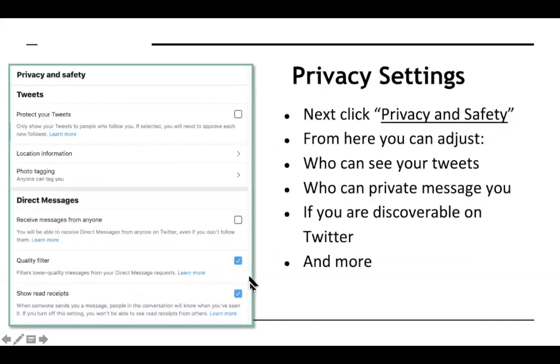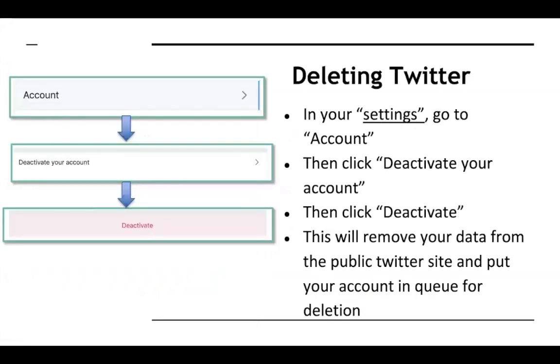Once you do that, it will let you adjust or toggle between various settings, how you would like to see it, whom you would want to see your tweets once you do them. Would you like only the people you follow and the ones who follow you to view your tweets, or you want it to be open for everybody? The photo tagging options, the direct message options, and many other privacy settings. You can do that and keep saving them as and when you move forward with it.